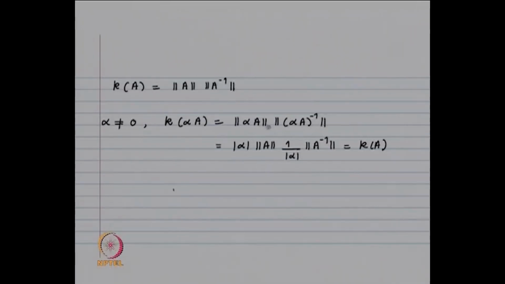This will be mod alpha times norm A. Alpha A inverse will be A inverse divided by alpha, so that will be 1 upon mod alpha norm A inverse. So, mod alpha and 1 upon mod alpha get cancelled, and you get exactly the same condition number. So, this trick of multiplying the system by a non-zero number is not going to work.